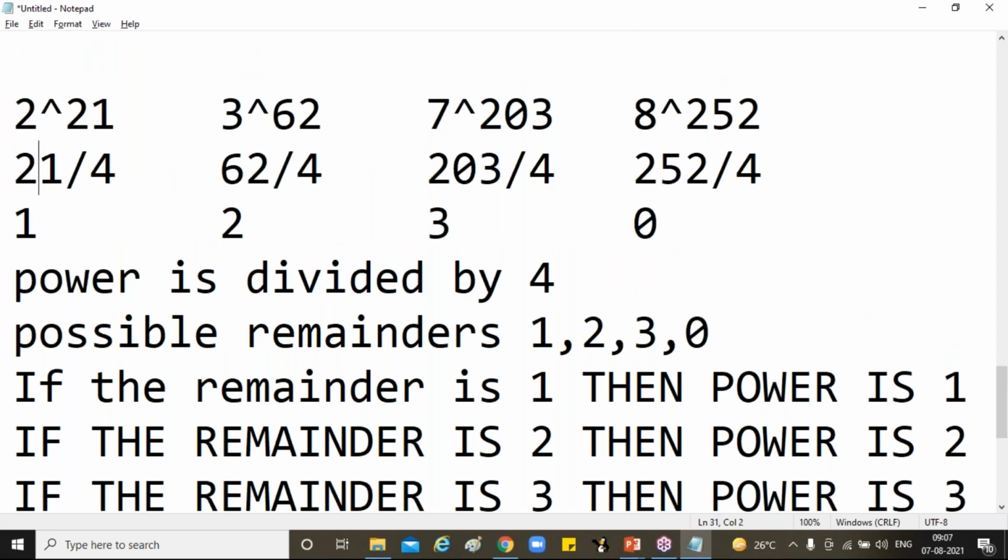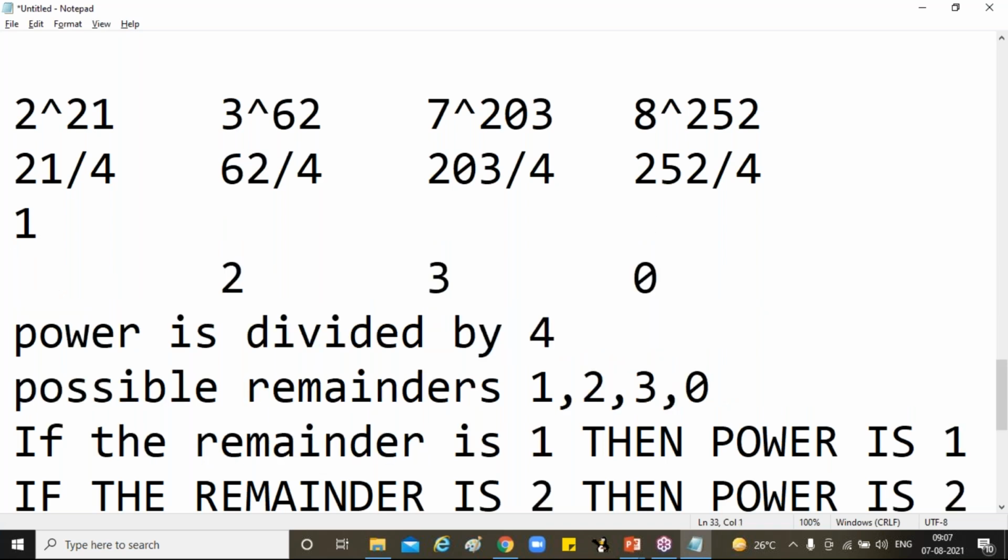Listen, whenever a power is divided by 4, if the remainder is 1, the whole 21 is replaced with the remainder 1.